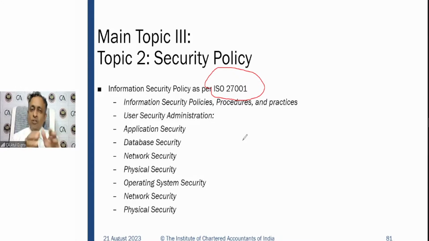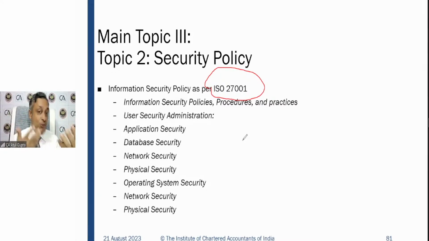There is a series of standards in the ISO 27,000 series. The ones I know are ISO 27001, which is the header of this slide, then you have ISO 27002, and ISO 27701. A number of standards are there, but this 27,000 series is basically referred to as the Information Security Management System, ISMS standard. You can carry this name.